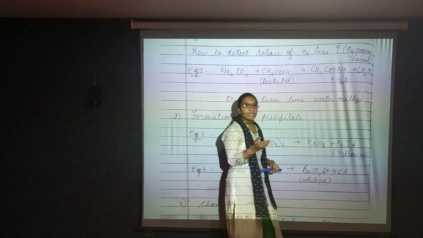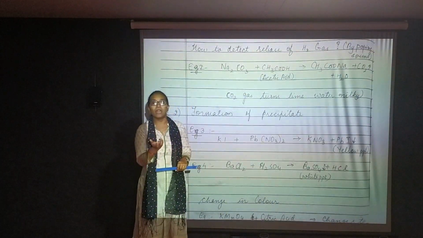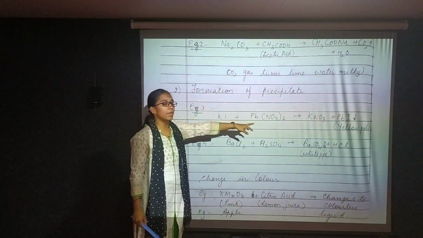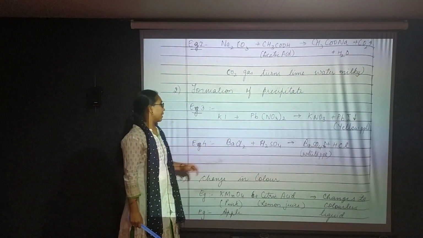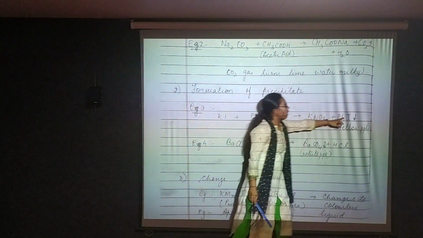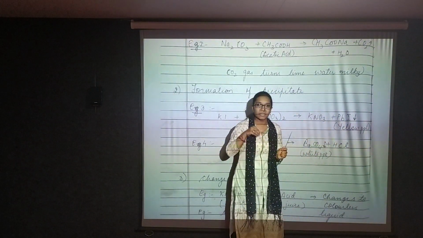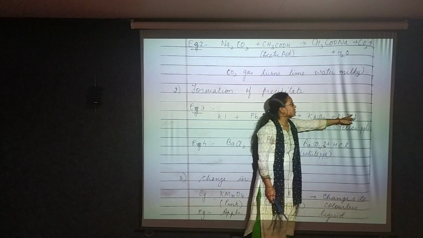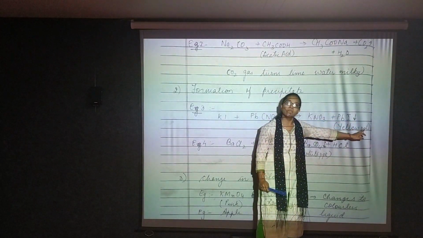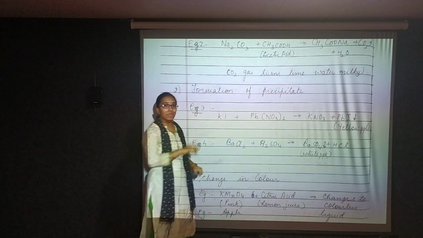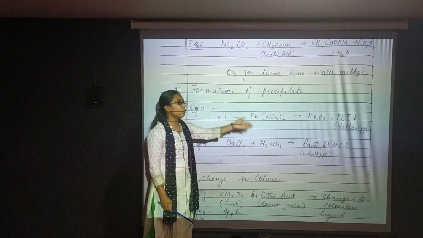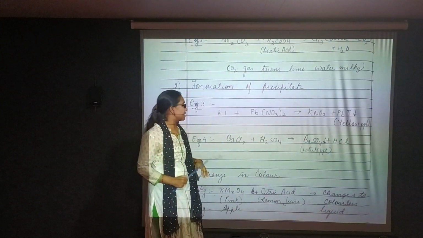This PbI2 will settle at the bottom and form a yellowish layer. That is the precipitate of PbI2. Now here I have shown a downward arrow. This downward arrow doesn't mean that heat is released inside the substance or anything. This downward arrow means it is in the precipitate form. An upward arrow means the gas is evolved, and a downward arrow means it is a precipitate.